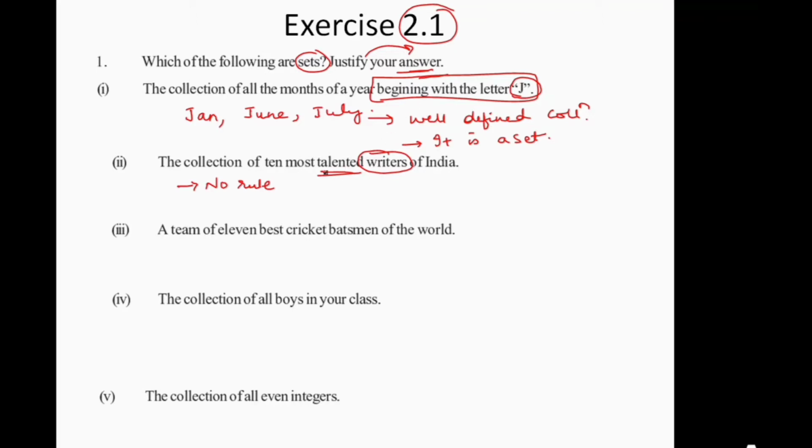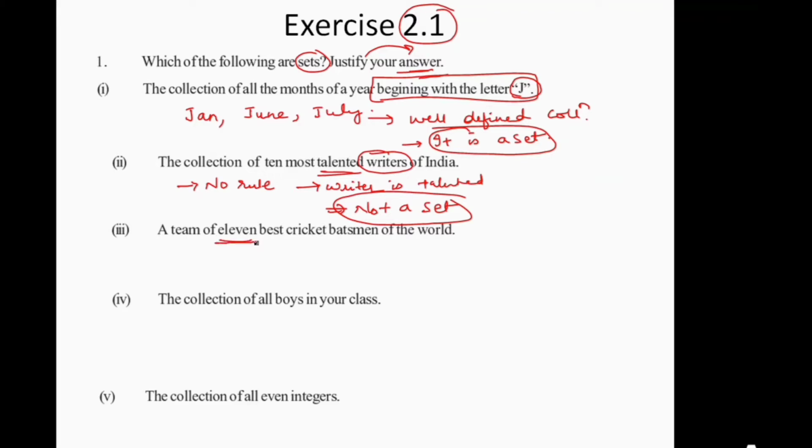So how do you know whether a writer is a talented person or not? We have no way there to define it. Hence, it is not a set. You need to remember that. So this is your set. Okay, let's look at the next one.